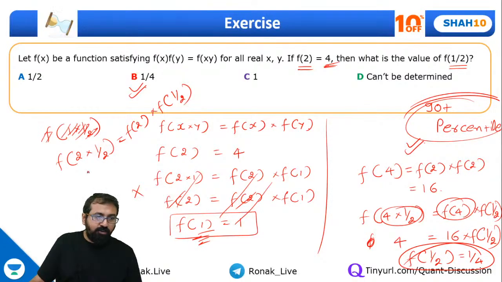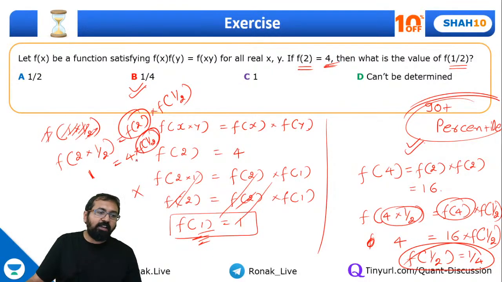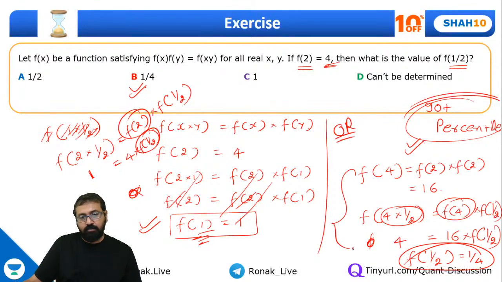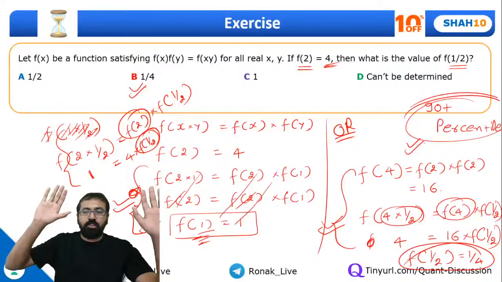And now f of 1 is 1. So of course we know f of 2 is 4 into f of 1 by 2. So again you will get f of 1 by 2 as 1 by 4. So either you can do it this way or you can do it this way. There are two ways. This is also correct, and this is also correct. Guys, have you all understood?